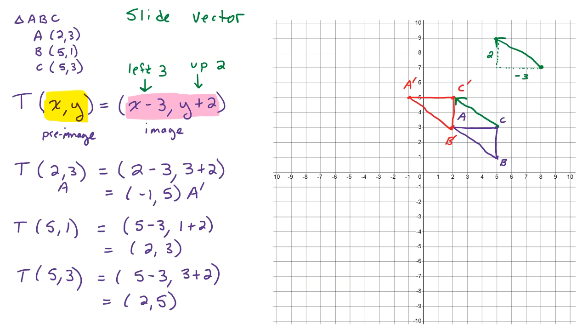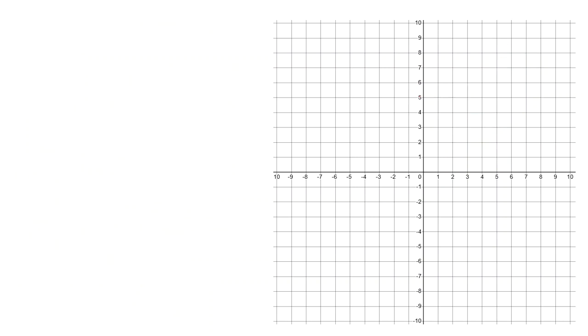Okay? So whenever you see a formula like this, you're going to get some kind of a slide. Let's have you try one of these with a slightly different formula. Let's do a different triangle as well.